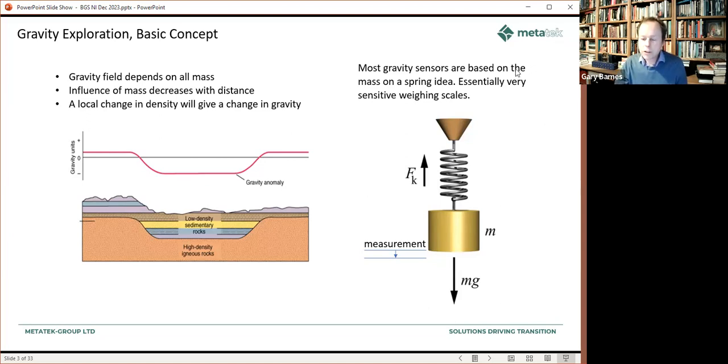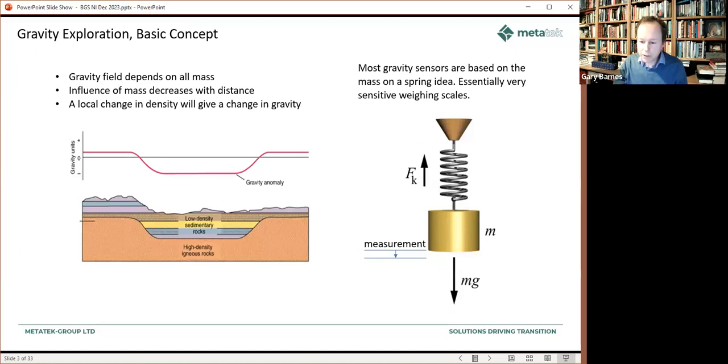Now, the majority of gravimeters work more or less on the same principle. It's a very simple principle, but a very sensitive measurement. So in some ways, the physics is quite easy to understand, but it's the engineering which is very difficult because you're making a very, very sensitive measurement of a very small change in gravity as you move across the Earth.